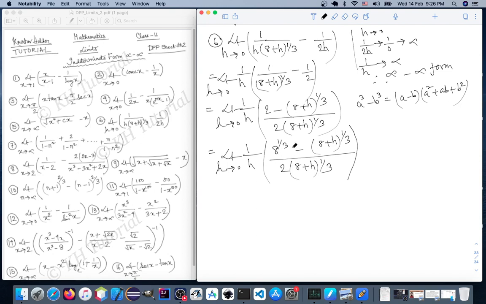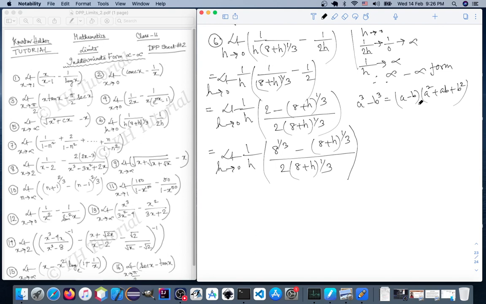Over here a is 8 and b is 8 plus h. So a minus b is h. a cube minus b cube will be h, and that will get cancelled with the outside 1 by h, and these are all positive, additive terms, so it won't create any problem.